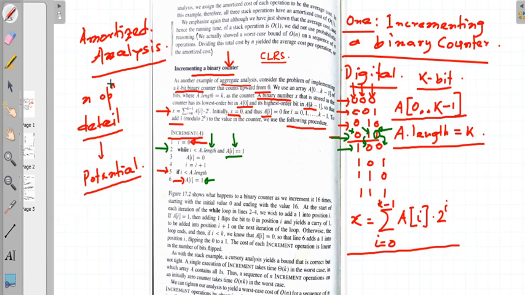In amortized analysis, we have seen that we observe a sequence of n operations, and this is exactly fitting in this case. So this is a perfect candidate for amortized analysis.